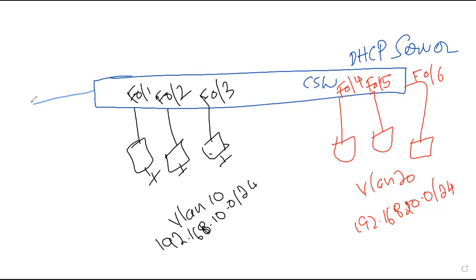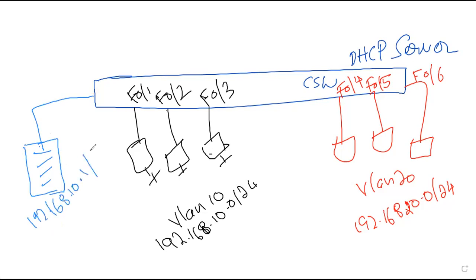Okay, I have a DHCP server, which is 192.168.10.1, connected to port 7, which is in the VLAN 10. So here, let me round it.